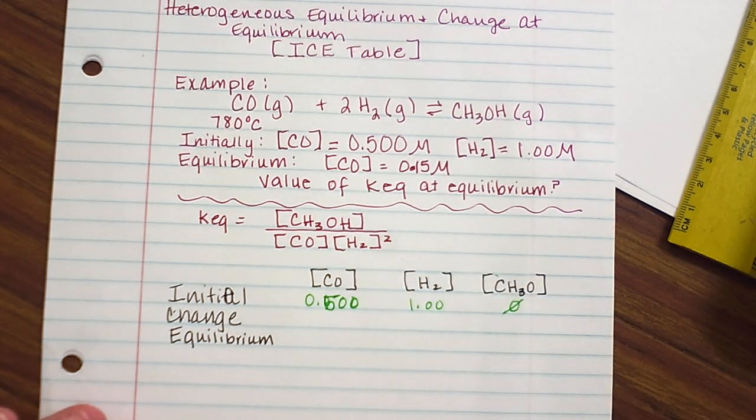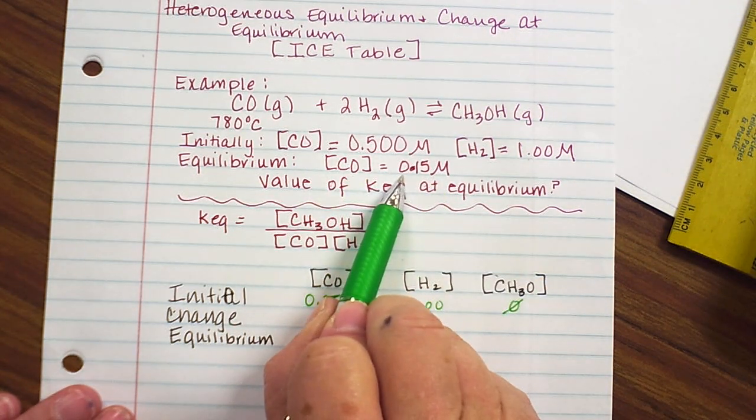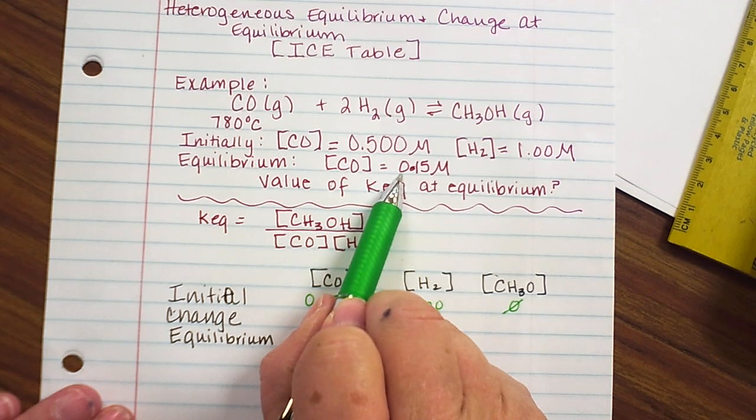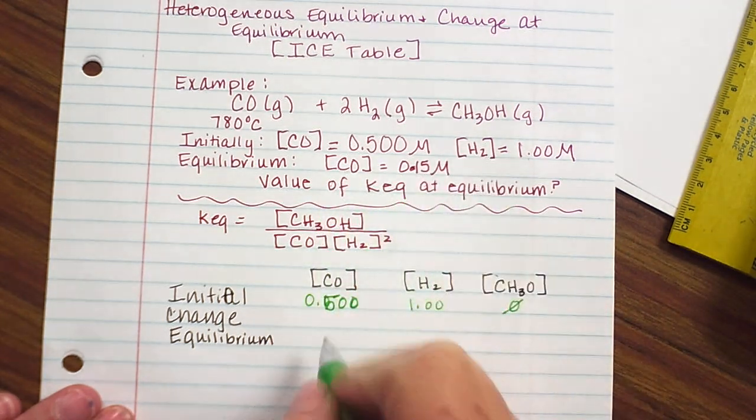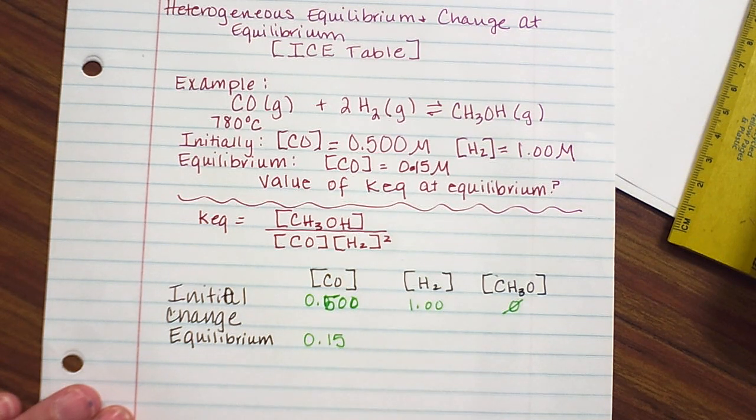We know this because there's nothing there when we start the reaction initially. Now, what we also know is that at the end of this reaction, when it's reached equilibrium, our carbon monoxide is 0.15 molar. That's what we know, right?